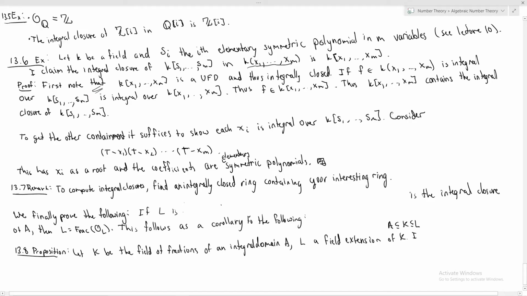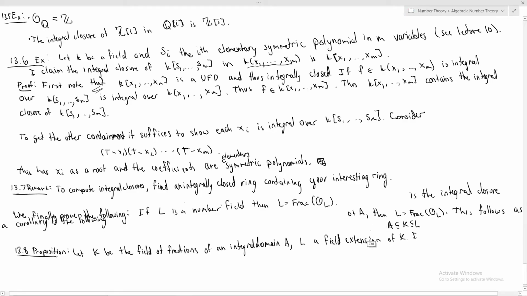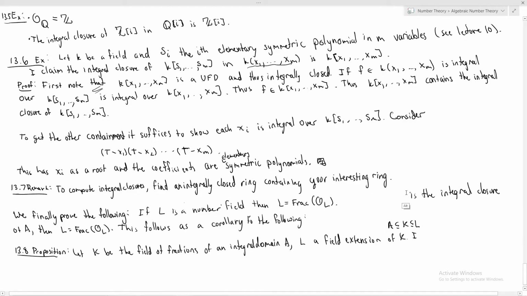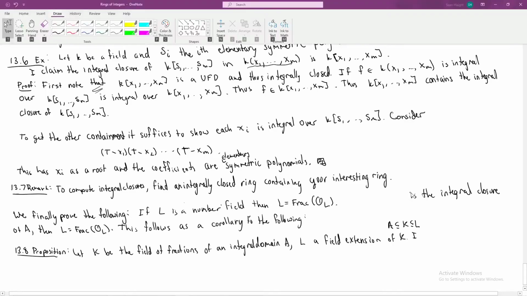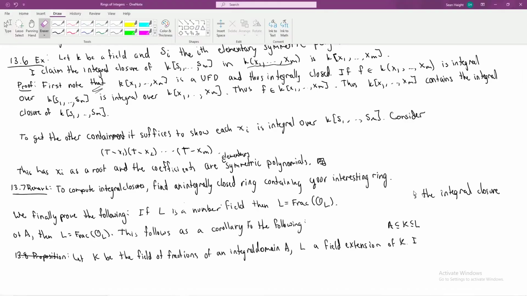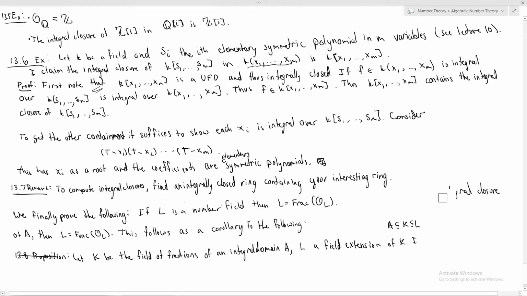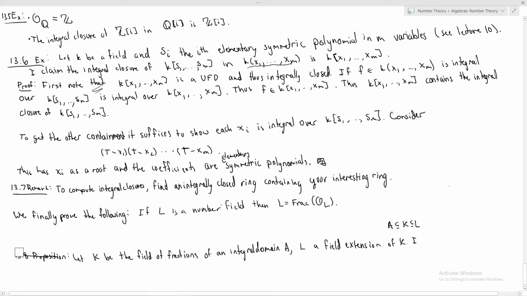If L is a number field, i.e. a finite extension of Q, then L equals the field of fractions of O sub L. Okay, so we'll just state it like this.